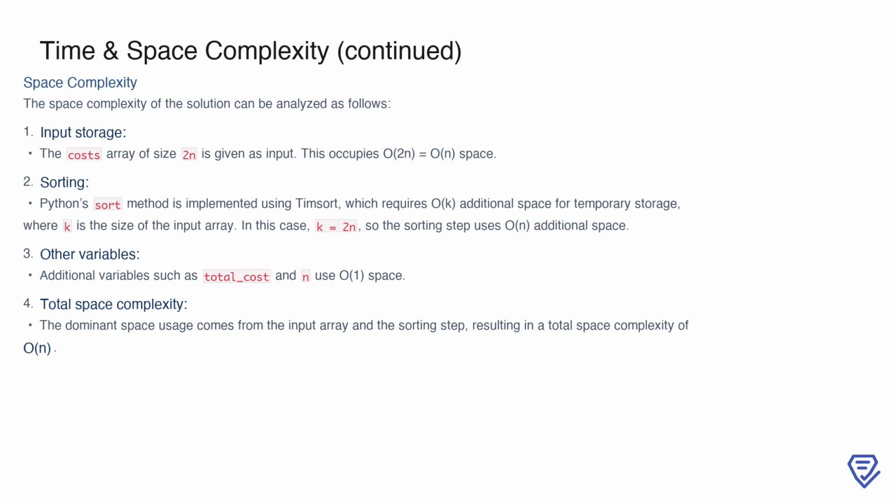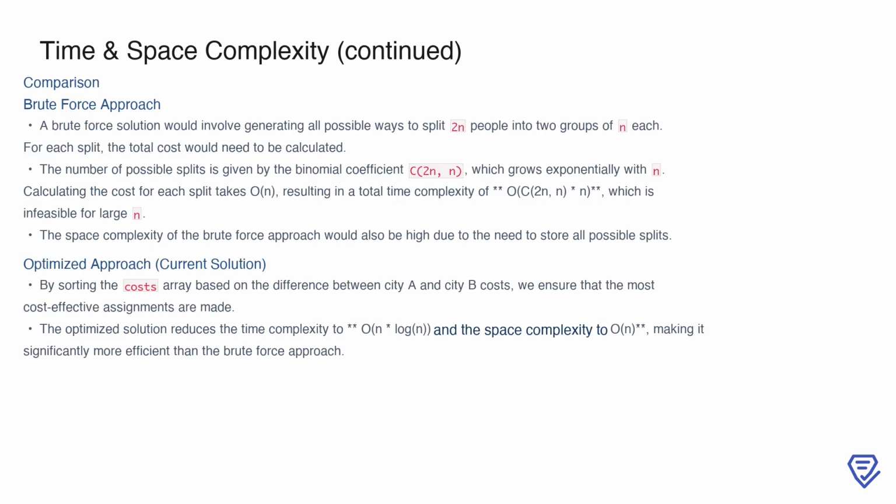As a result, the sorting step also contributes O(n) space. Beyond this, additional variables like total_cost and n are used, but they only require O(1) constant space. Since the primary contributors to space usage are the input array and the sorting step, the total space complexity of the solution is O(n).